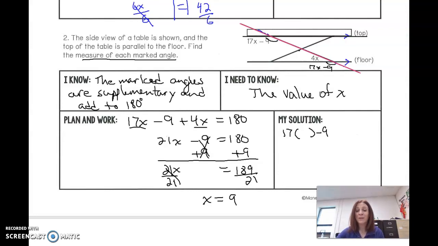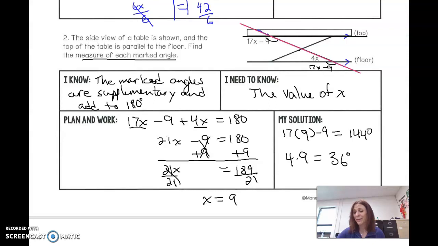Now I'm going to plug that in. 17 times 9 minus 9 is 144 degrees. If I do this other one, 4 times 9 equals 36 degrees.